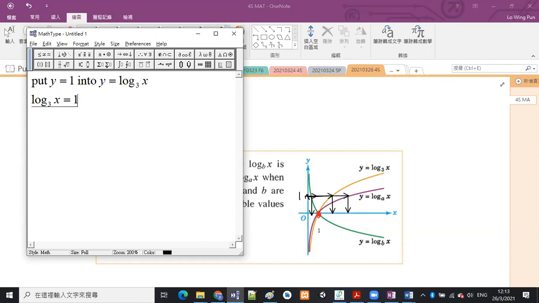Okay, when the number inside the log is equal to the base of the log, then the whole log becomes 1. Or like this, 1 is equal to log 3 base 3. This 1 becomes log 3 base 3, right? Okay, which means that x is equal to 3.